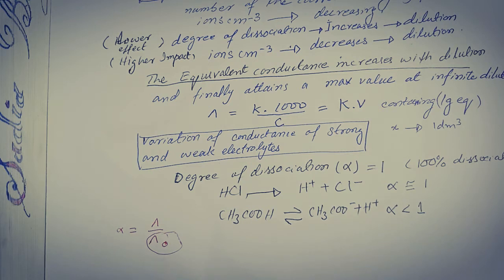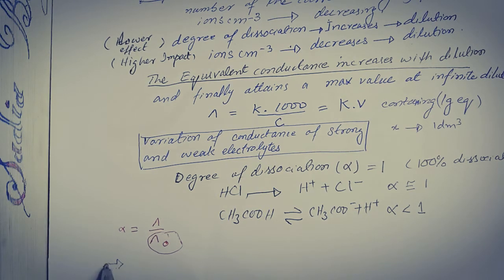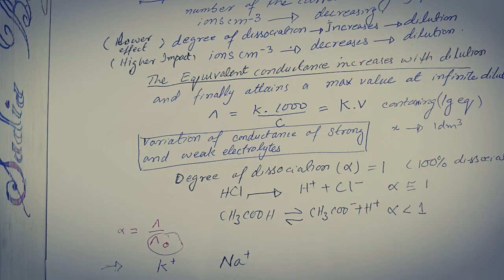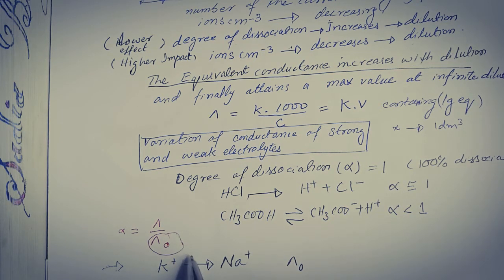degree of dissociation, and let's discuss a point, that is when we have a potassium ion having a similar concentration in aqueous solution, and if we replace these potassium ions with sodium ions, we can see that the value of equivalent conductance at infinite dilution decreases to a factor of 23.41.